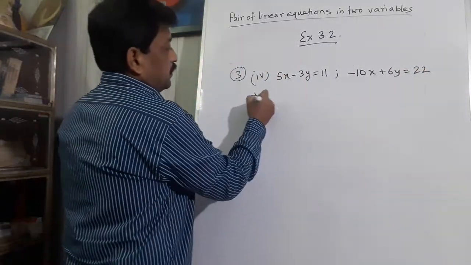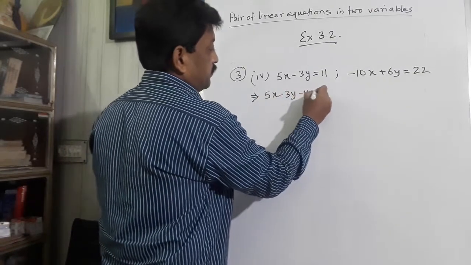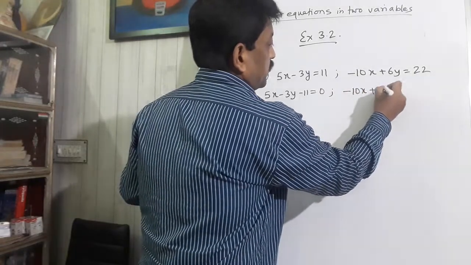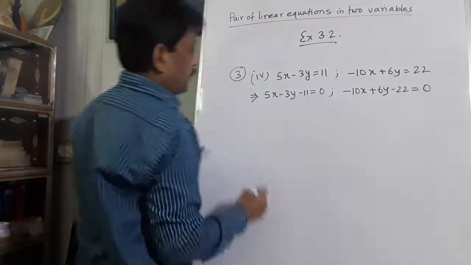So first the general form: 5x minus 3y minus 11 equals 0, and minus 10x plus 6y minus 22 equals 0.